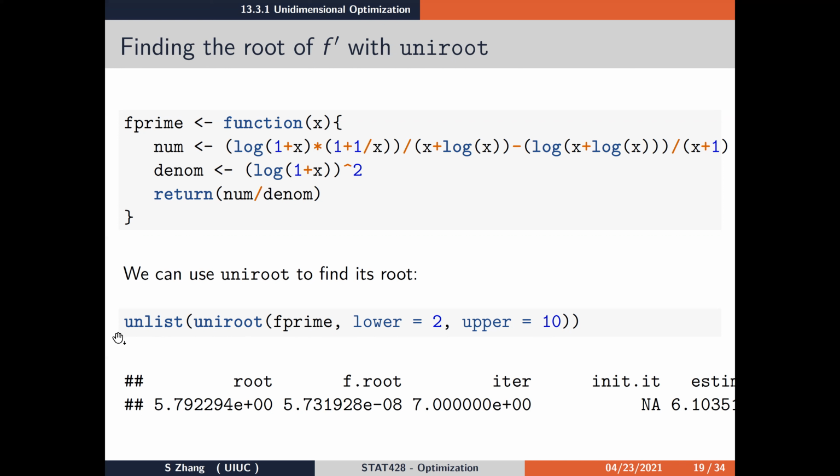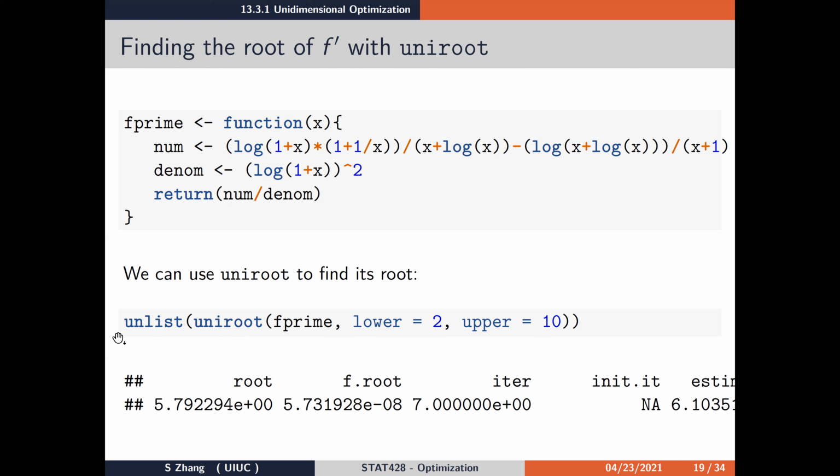And note that here, because we're using the optimize function, we are no longer looking for a root of f prime, but instead an optimum of the f function. So now the input should be the original f function instead of f prime. And also by default, this optimize function will search for the minimum. So we need to specify maximum equals true over here.